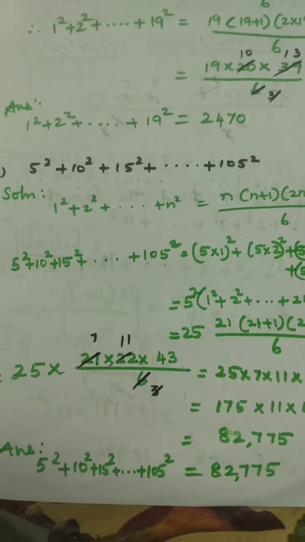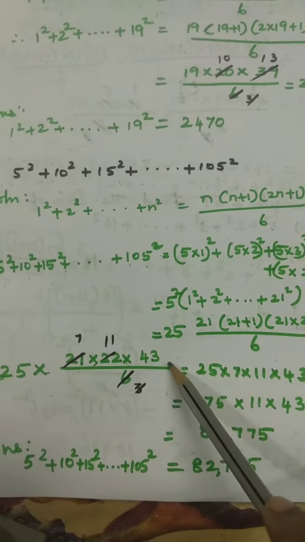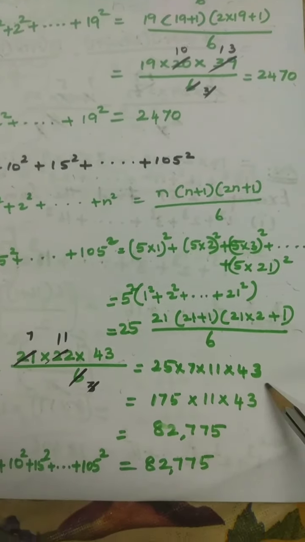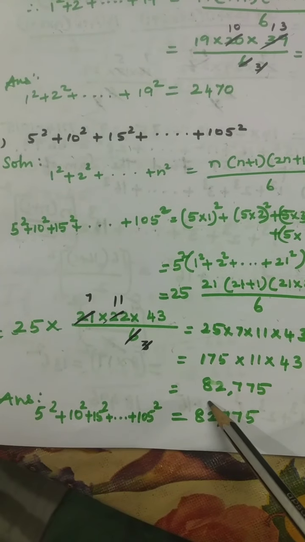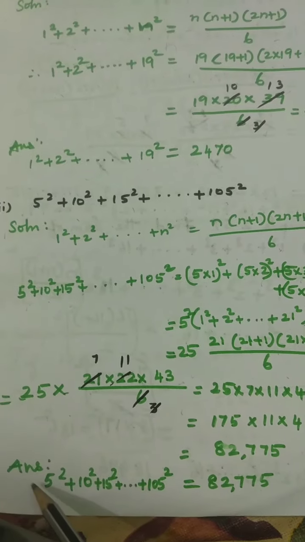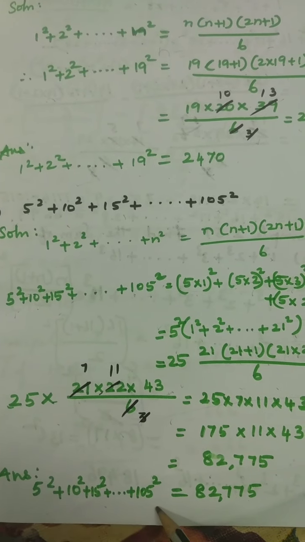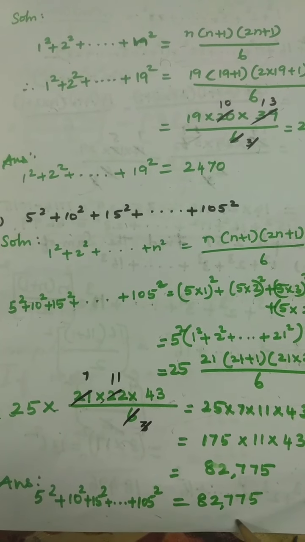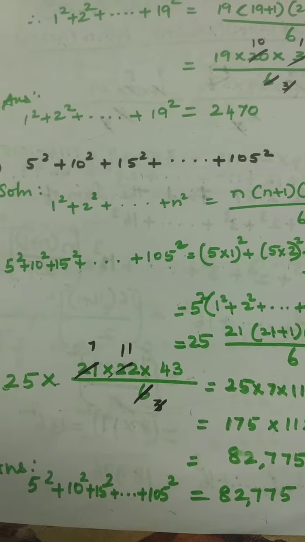Otherwise, 2 table can cancel and bring this as 7 into 11 into 43. Here 125. So we have to multiply all these. Then the answer will come as 82,775. Now the answer is 5 square plus 10 square plus 15 square plus and so on plus 105 square is equal to 82,775.